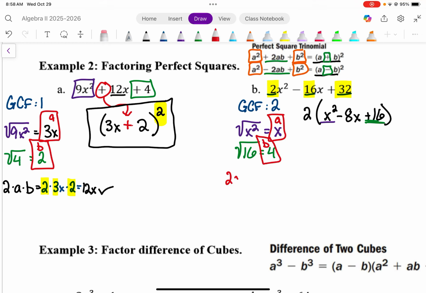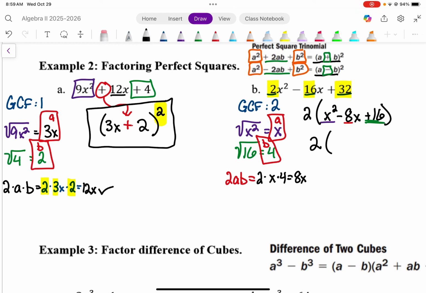We need to check that 2ab is equal to 8x. If we take 2 times x times 4, that does in fact equal 8x. So we are able to factor using perfect square trinomials. If you forget this, you can still use AC split to factor them. That is still an option, so you can default back to that from last unit.